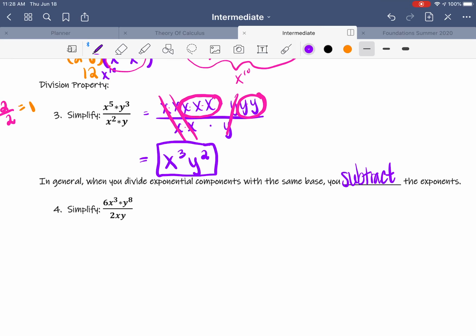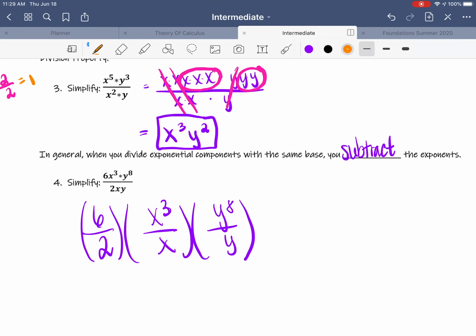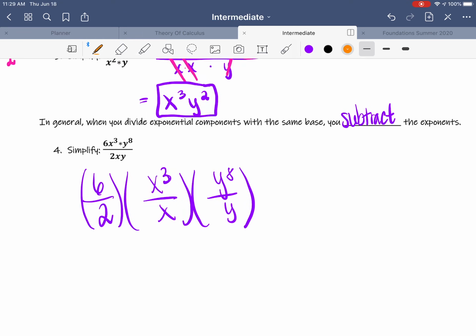Let's take a look at the next example to see if it works. I'm going to use some of the same methods I used in the previous example up at the top. I'm going to group my like components like this. I didn't change any orders, I just grouped them. And then I'm going to use my shortcut to help me simplify.